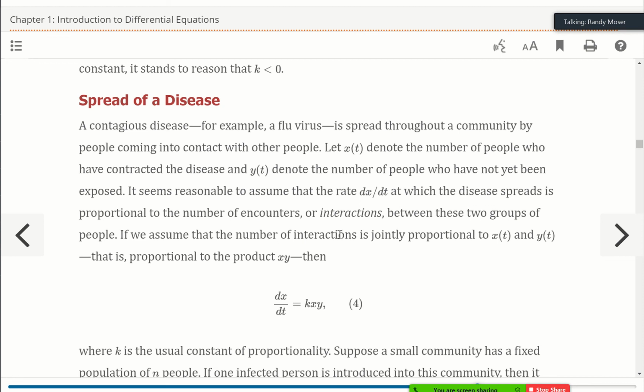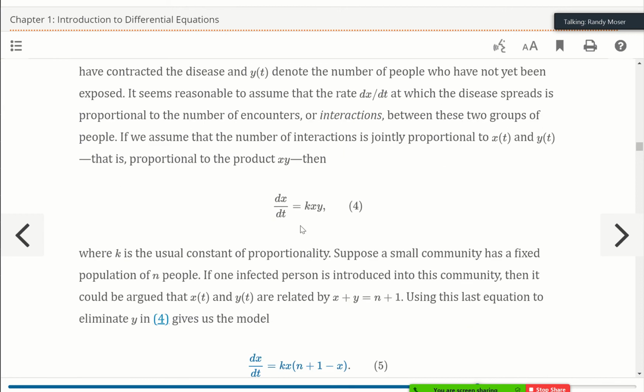If we assume that the number of interactions is jointly proportional to both x of t and y of t, then that means it's going to be some constant times the product of those two. So we would say that the rate of change of the number infected with respect to time is going to be a constant k times the number of people infected times the number of people that are not yet infected.